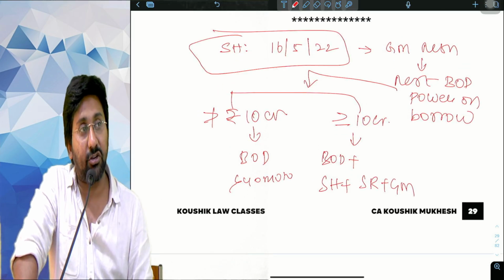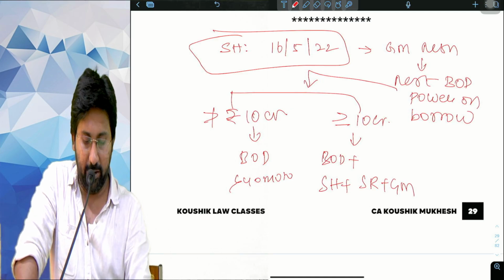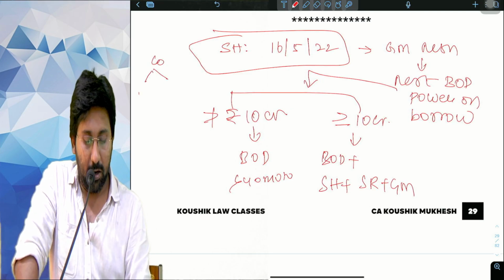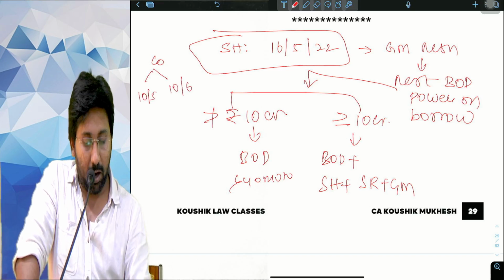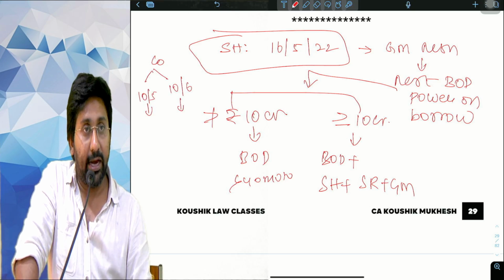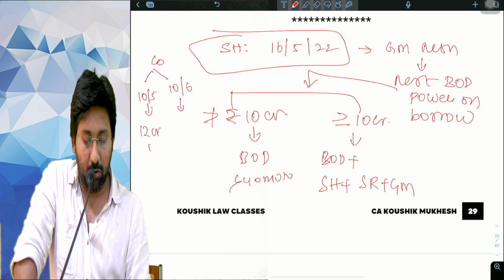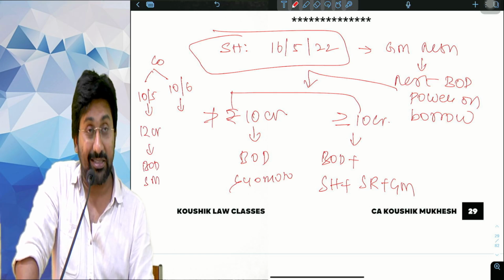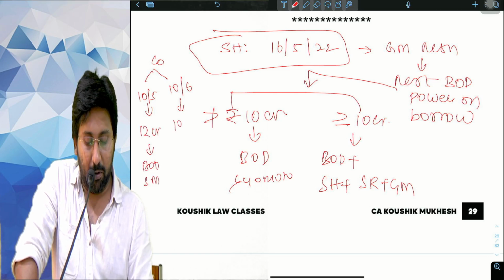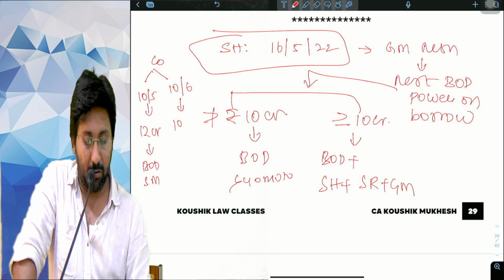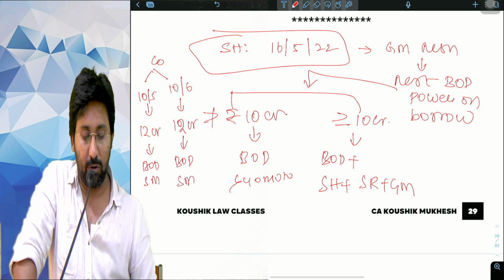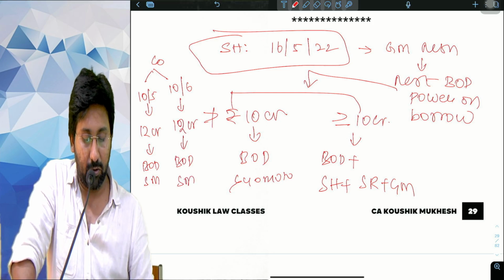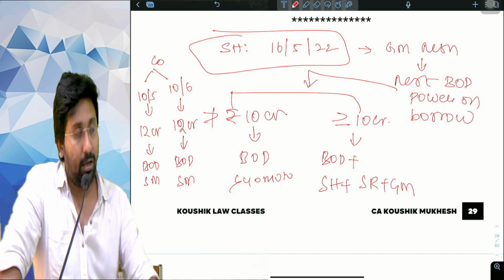Which date is this resolution passed? Okay. The company, on 10th May, borrowed 12 crore by the board of directors suo moto. On 10/6 also, it borrowed, for example, 12 crore, board of directors suo moto. Now answer my question clearly.